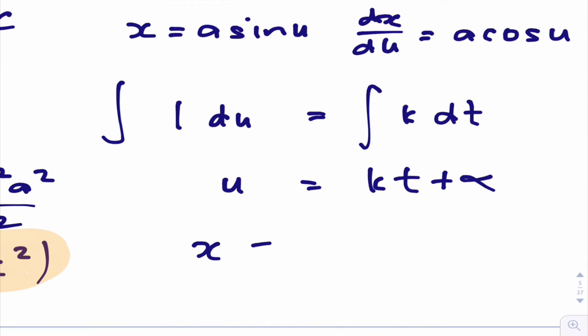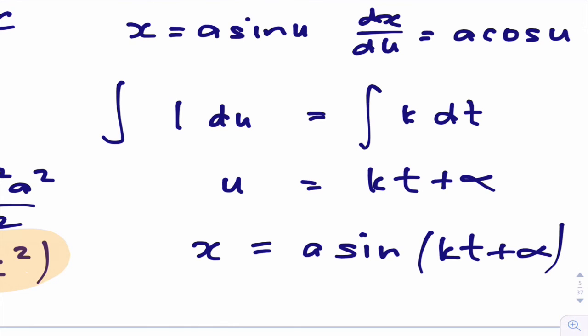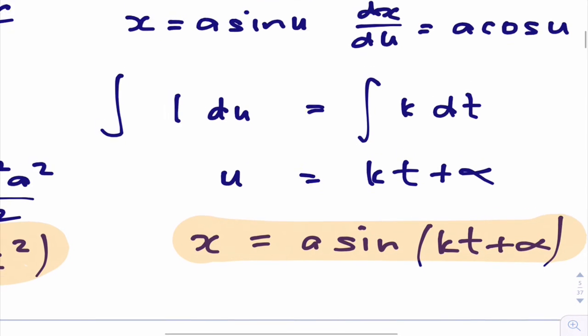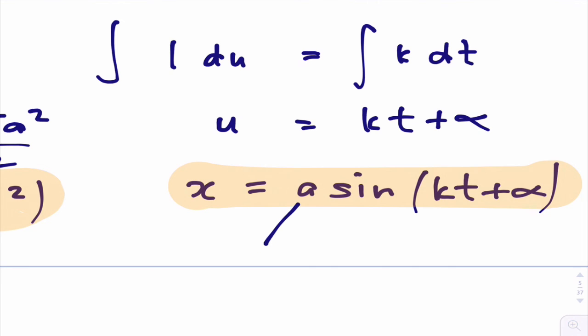That means x is equal to A sine(kt plus alpha). That shows you that one of the solutions of this initial differential equation is this trigonometric function. Remember, A is the amplitude of the motion, k is going to affect the period, and alpha is what we call a phase shift, so it's going back and forward, left and right.